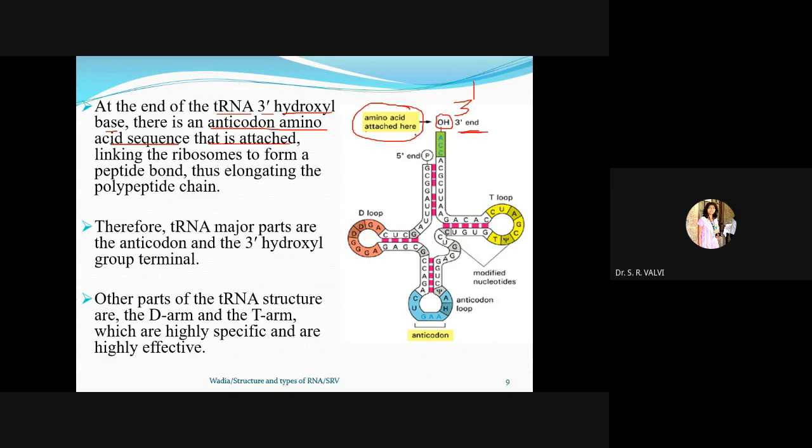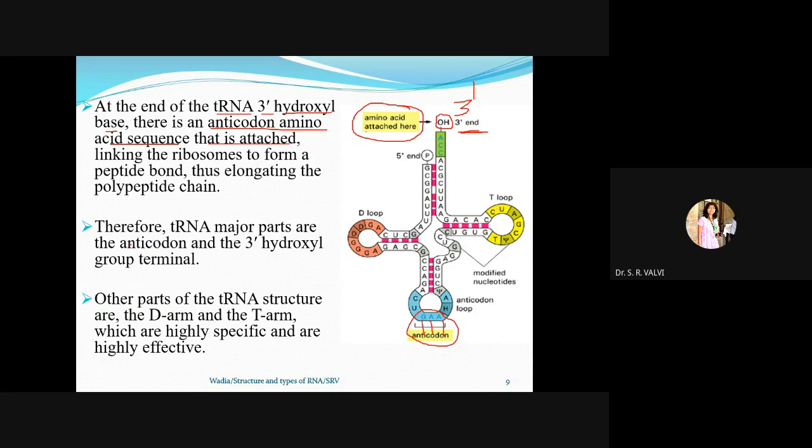the anticodon of that amino acid should be here. Suppose a particular amino acid is there, then the anticodon of that amino acid should be present over here, whatever I have marked in red. That anticodon should be present in this part so that it joins with the codon of mRNA, and that amino acid will elongate further to form the polypeptide chain.